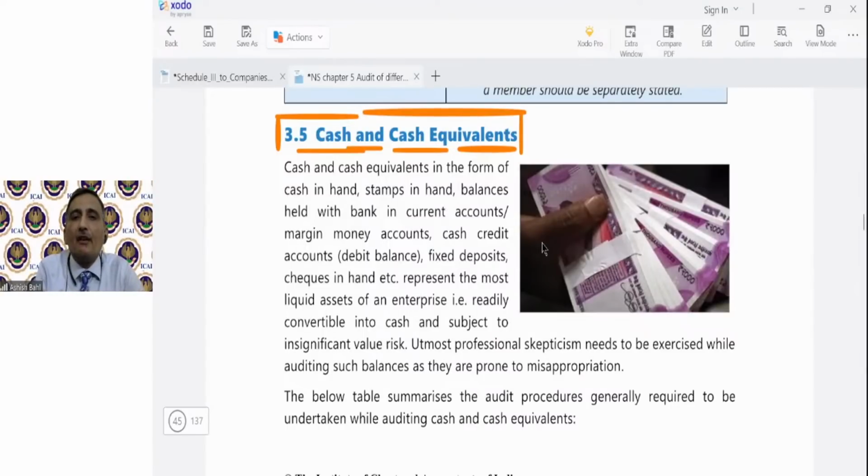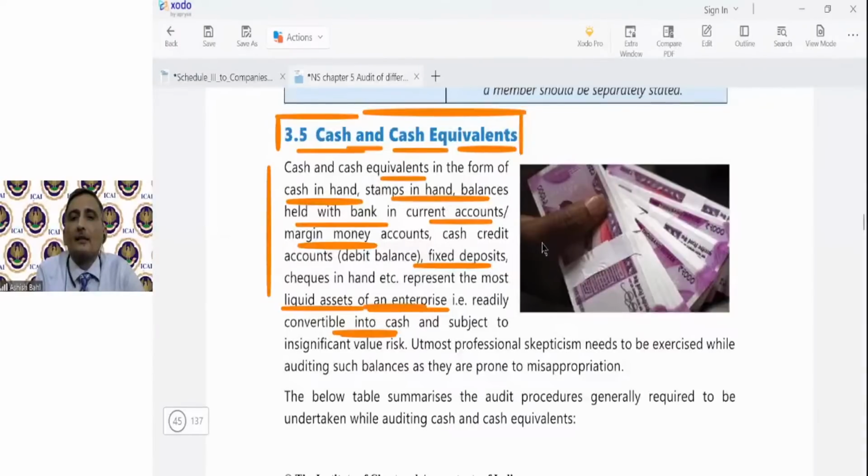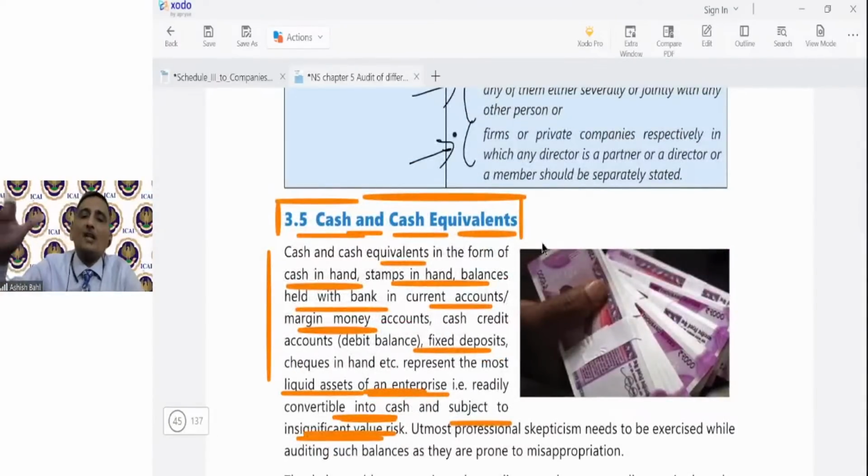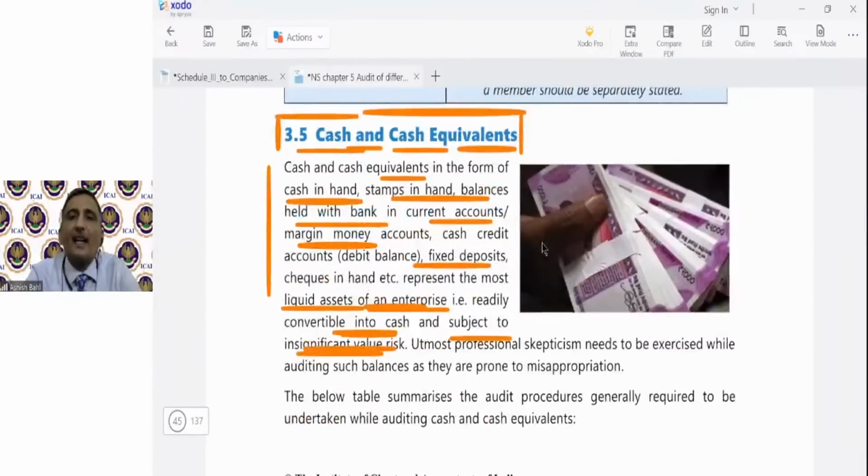So cash and cash equivalents in the form of cash in hand, stamps in hand, balances held with bank in current accounts, fixed deposits represent the most liquid assets of an enterprise because these are readily convertible into cash and subject to insignificant value risk. क्लियर स्टूडेंट्स? कंपनी की बैलेंस शीट में कैश एंड कैश इक्विवेलेंट्स में आएगा कैश इन हैंड, आपके बैंक अकाउंट्स, करंट अकाउंट्स, डिपॉजिट अकाउंट्स, और कोई चेक इन हैंड है, कोई स्टैंप्स इन हैंड है.